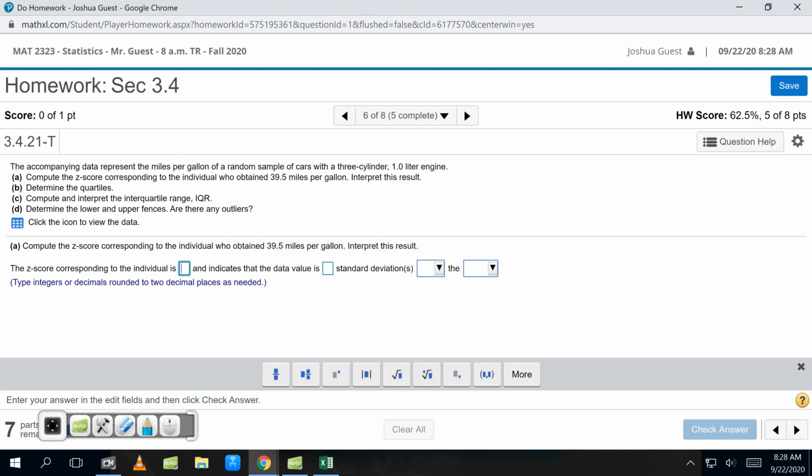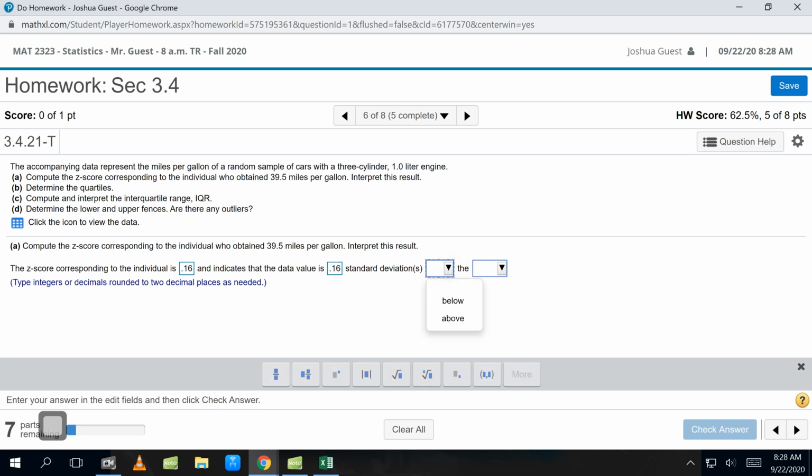The z-score corresponding to this individual is 0.16, and you can put 0.16 or 0.16. It indicates the data value is blank standard deviation, so it's 0.16 standard deviations, which way is it? Is it above or below?